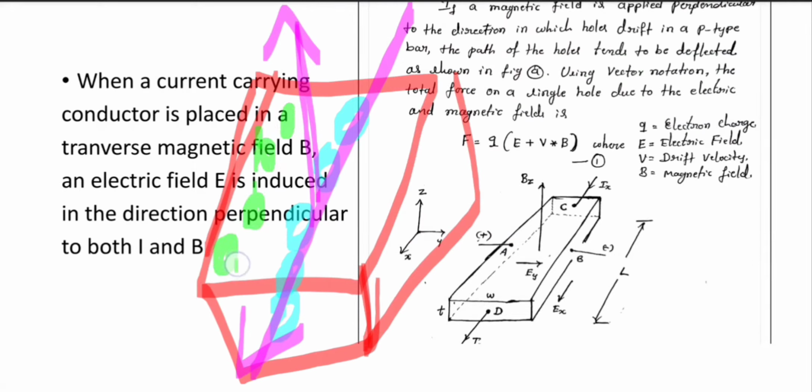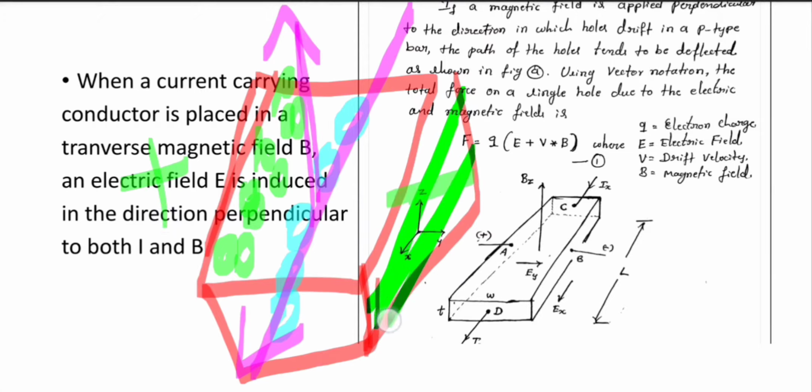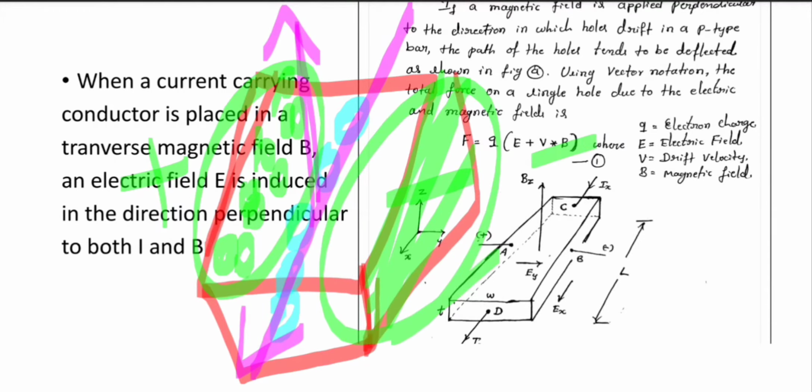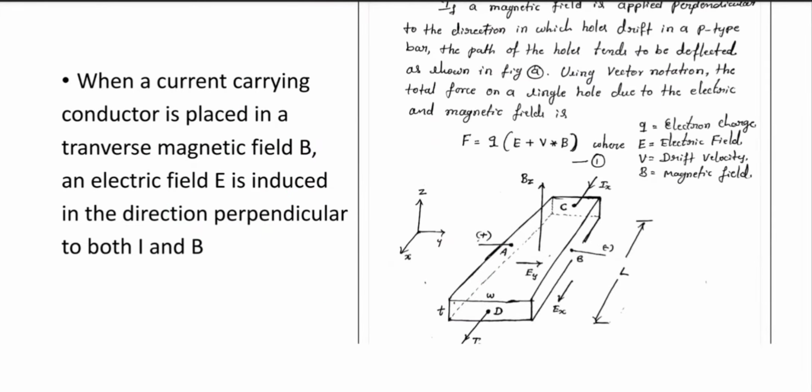The holes get deflected to one end of the semiconductor bar. When positive charge accumulates at this end, an equal amount of negative charge should accumulate on the other side of the bar. So on the A side holes will get accumulated, and on the B side we will have a negative charge. You can see here A is marked positive and B negative.